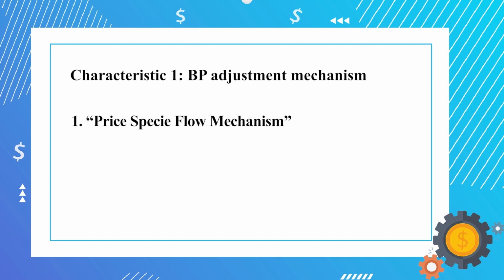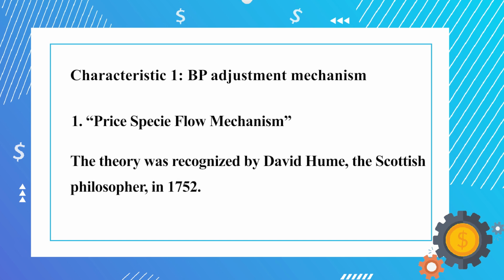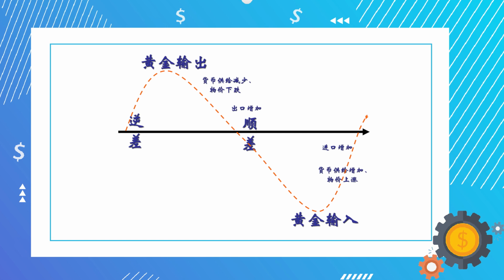price-specie flow mechanism. The theory was recognized by David Hume, the Scottish philosopher, in 1752. The picture shows the mechanism of price-specie flow.